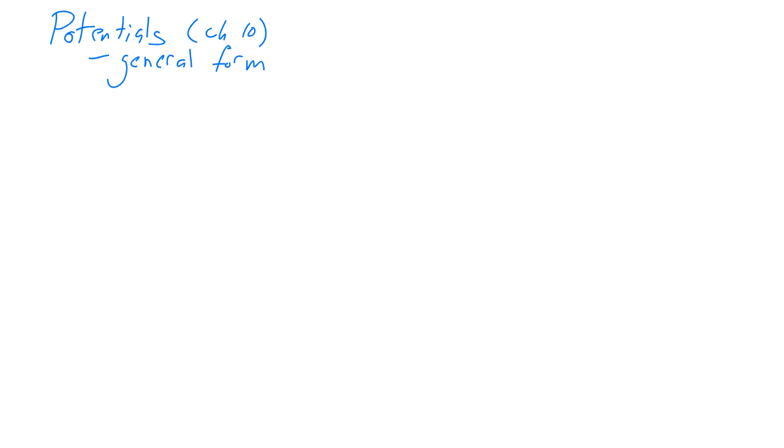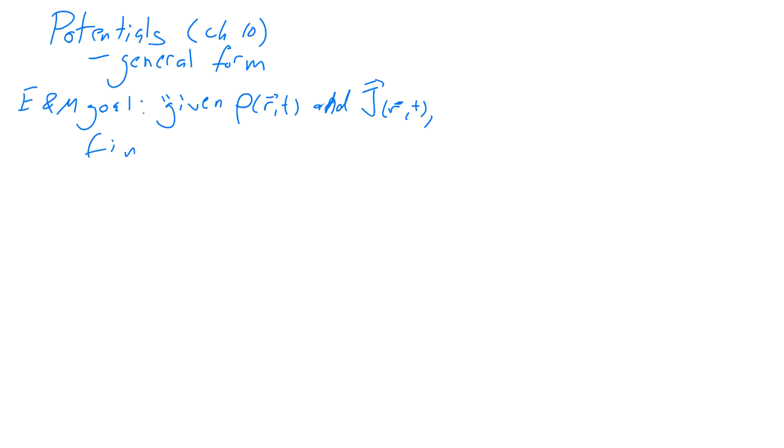But just in general, for E&M, what was the whole point of this? Our goal in E&M in general is something like, given some charge distribution and how it moves, so the current distribution, then find the electric field, and that's an R, and the magnetic field.